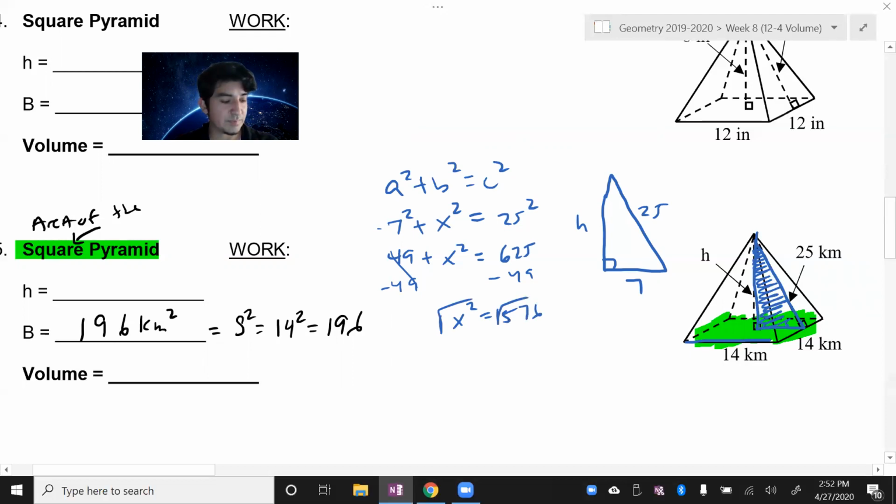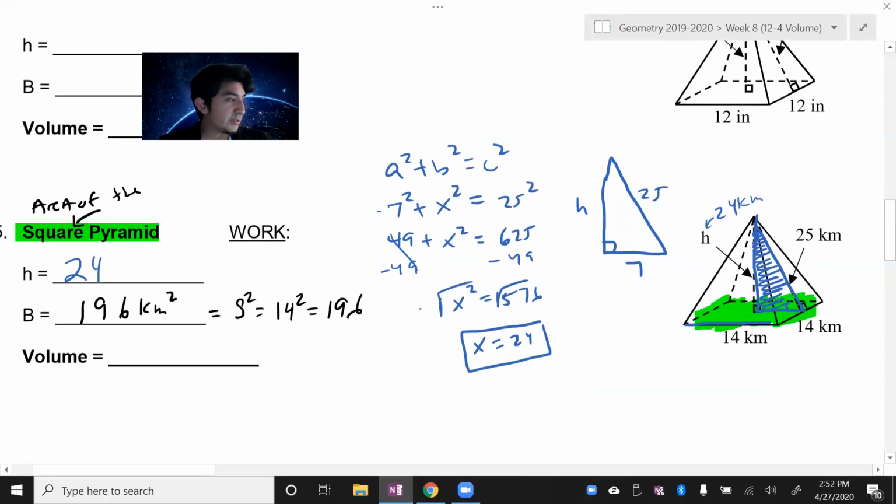Square root it and you get 24. So x equals 24, and the height here is 24 kilometers.